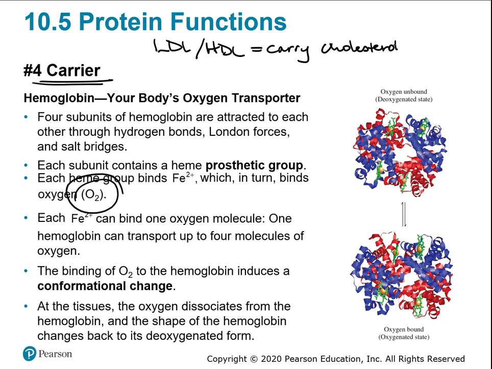These are protein carriers that carry cholesterol and fats through the blood. HDL stands for high density lipoproteins. They're proteins with some lipid, and they're a carrier because cholesterol cannot freely float through the blood. It's hydrophobic and the blood's hydrophilic, so they wouldn't mix. So that's another example of a carrier. For carriers, think hemoglobin, HDL, and LDL.